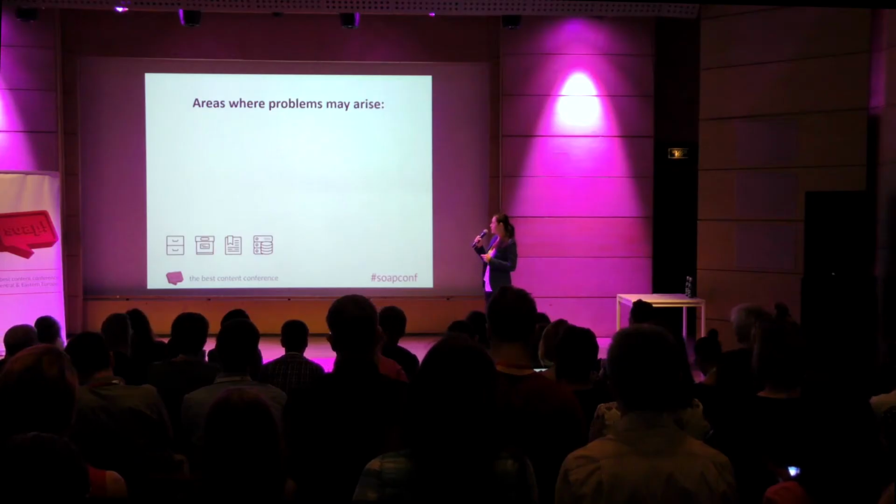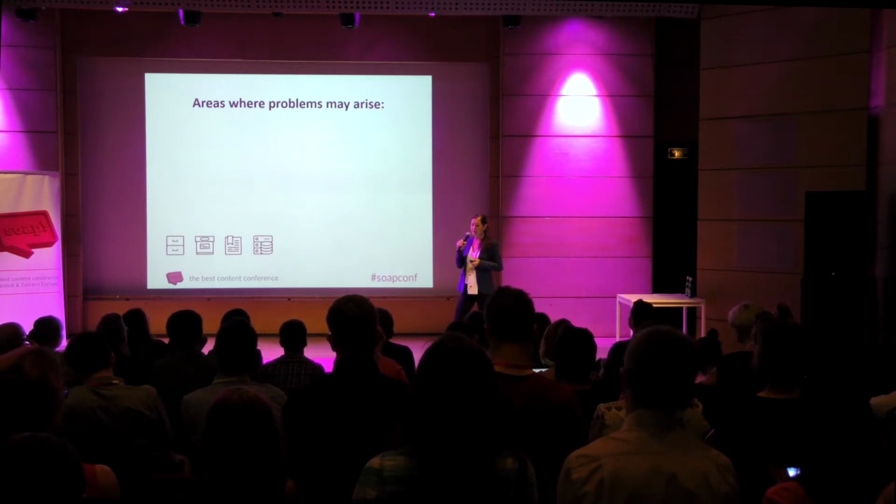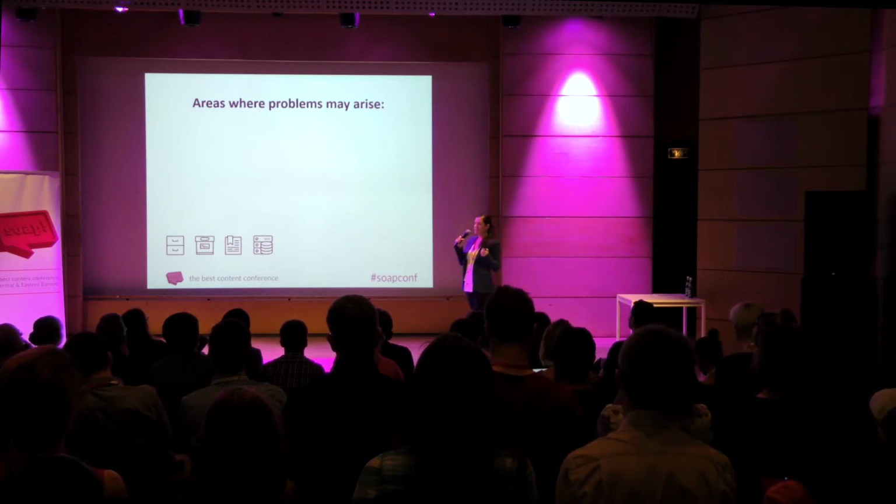First of all, I will talk about areas where problems arise. This is derived from my experience, from the experience of our company. So it's not a definitive list, but it contains different aspects.